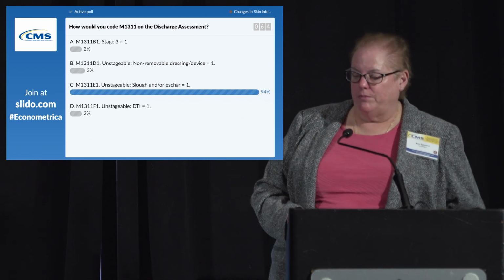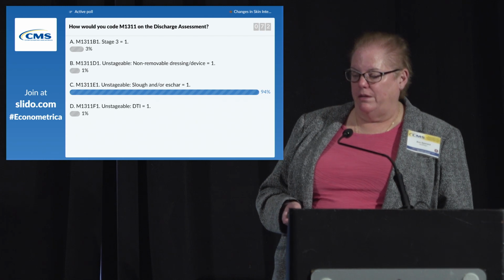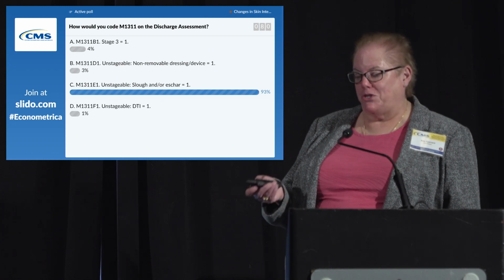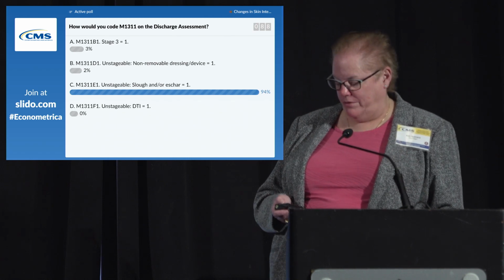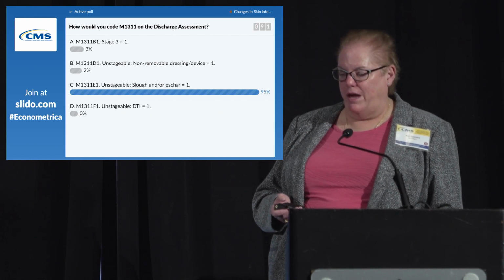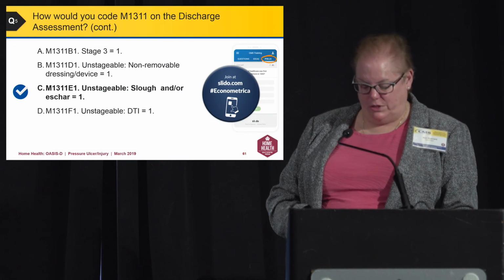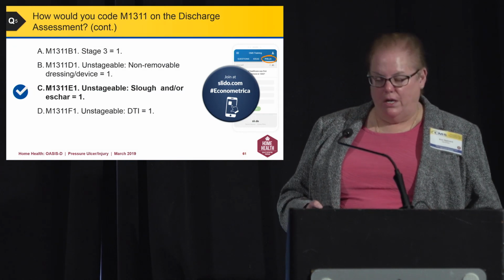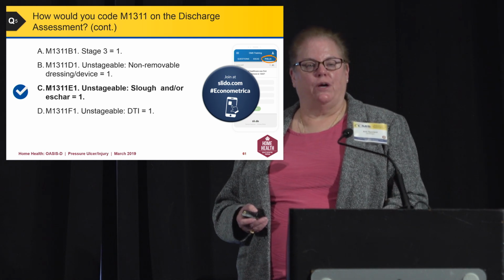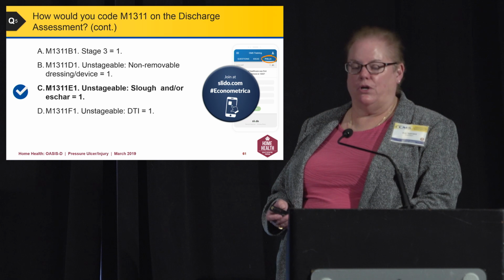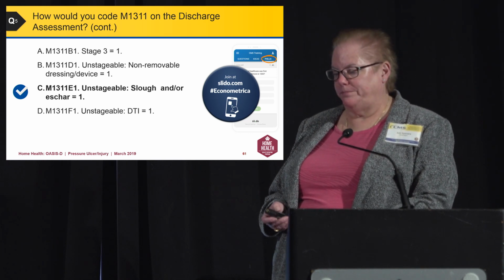We have 2% saying stage 1, and the most popular answer is unstageable due to slough or eschar. And in fact, let's look at our answer. It is unstageable due to slough or eschar. And that is because at discharge, that wound is covered with slough or eschar, okay? And that was not present upon admission.